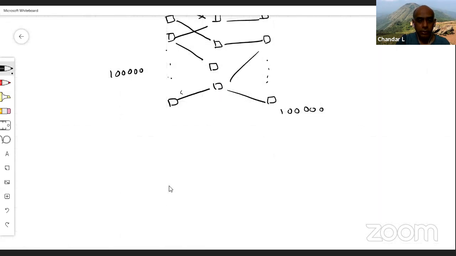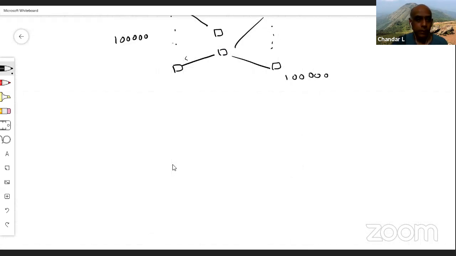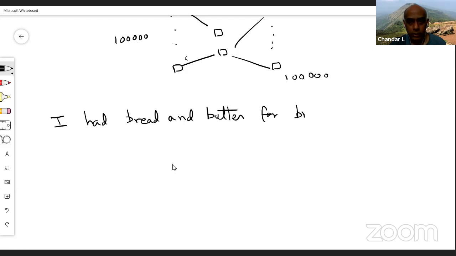So let us think of some random sentence, like, I had bread and butter for breakfast. I'm just giving a random sentence. Now, think of this as just one sentence.